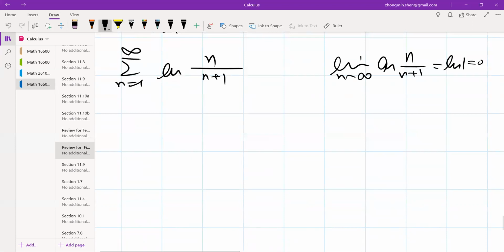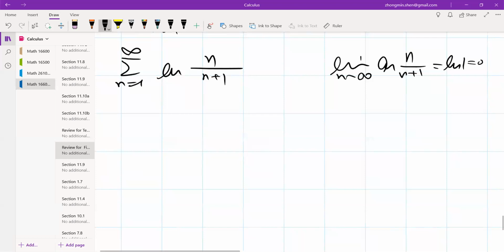Divergent or convergent? Not sure. Well, the comparison test does not apply, it's not easy to compare, first of all. Okay.